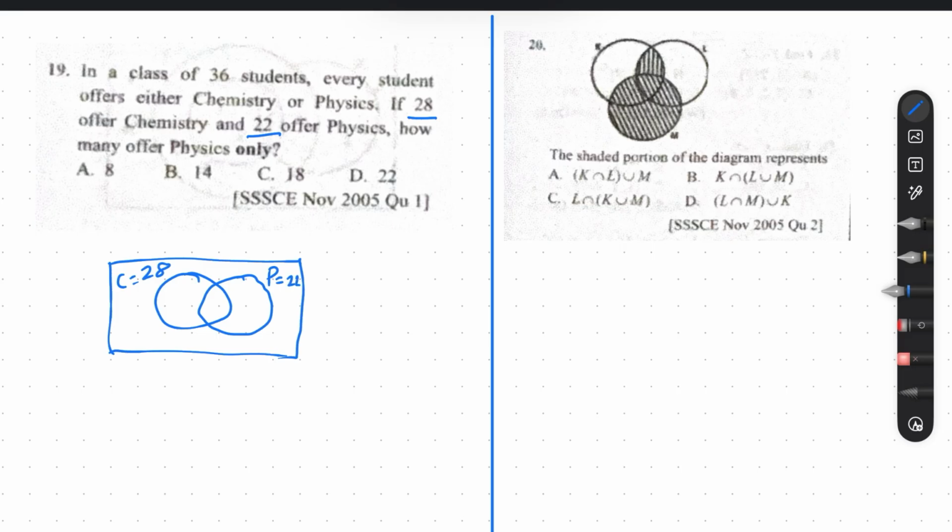In the intersection, in the middle, you have to put a variable because we don't know that. So let's put x over here. So chemistry only will be 28 minus x, and physics only will be 22 minus x, right? Now the question says how many offer physics only?